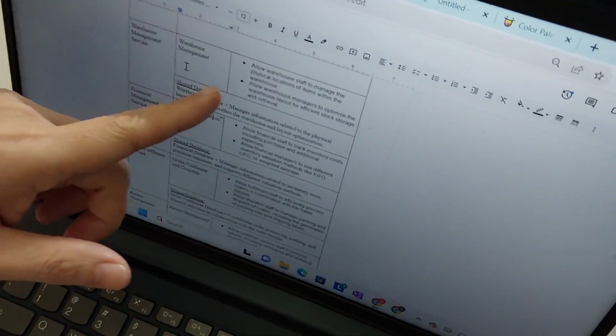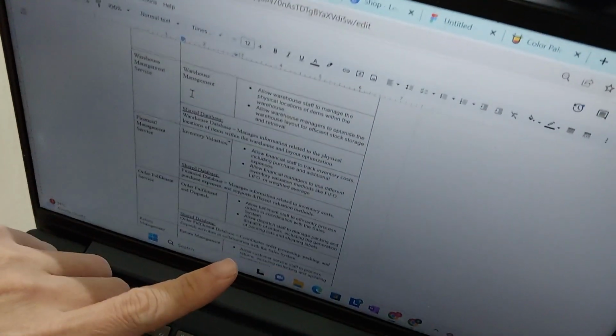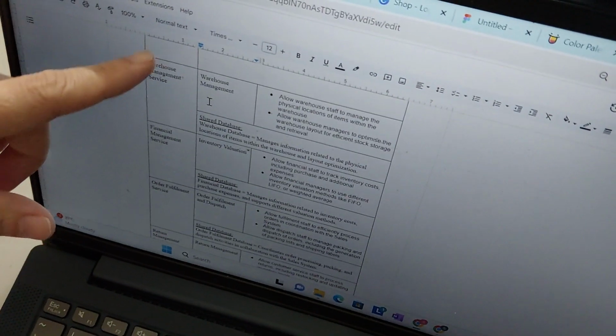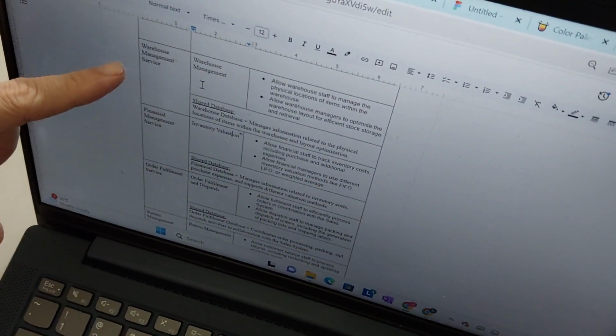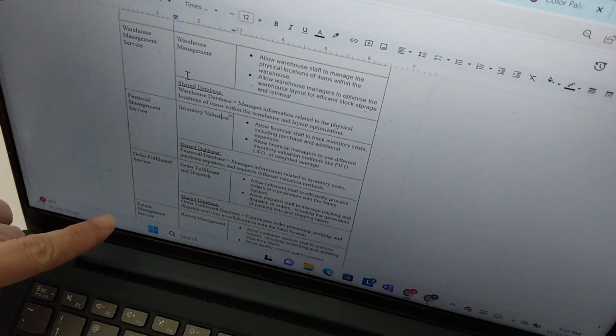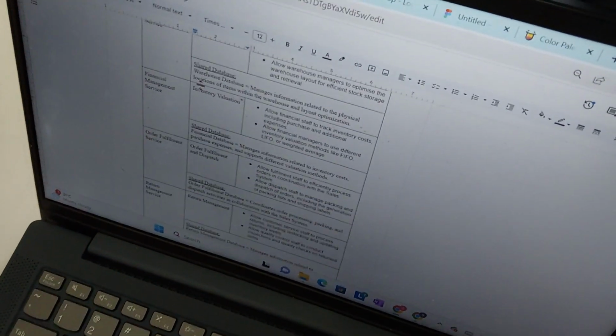Warehouse management allows staff to manage physical locations. There are a lot of things to manage. If you only have CRUD, maybe you can see whether the warehouse can join others or not. Is it too small or enough?